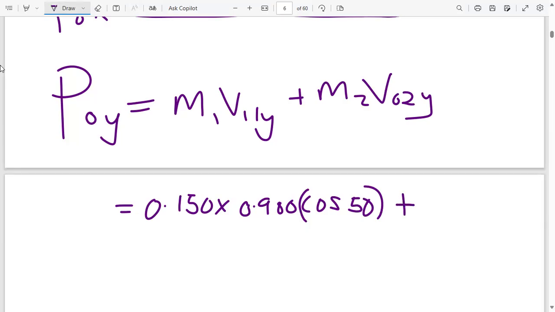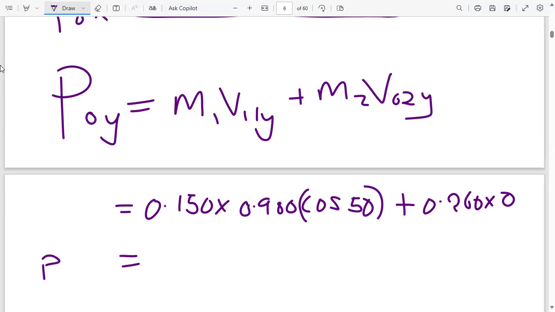Then plus, we have the mass of ball 2, which is 0.260, multiplied by the initial velocity of 2 in the y. And that initial velocity of 2 in the y-axis doesn't exist, since the velocity of 2 is initially directed along the x-axis. So this is multiplied by 0 meters per second.